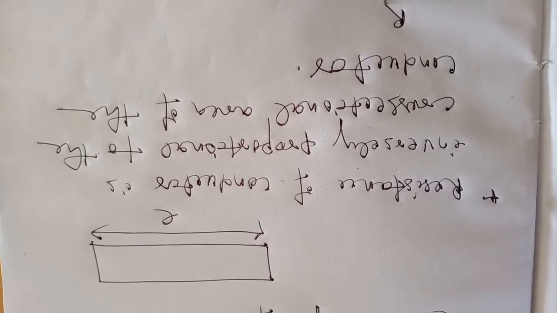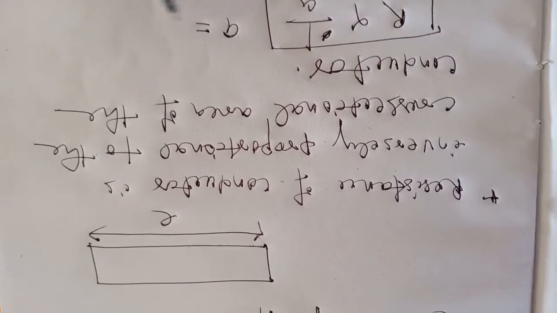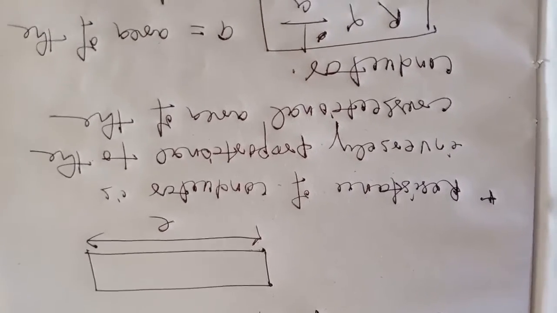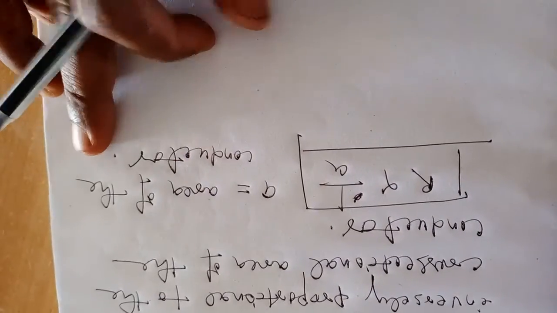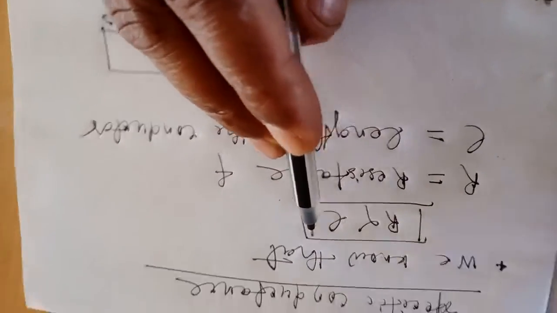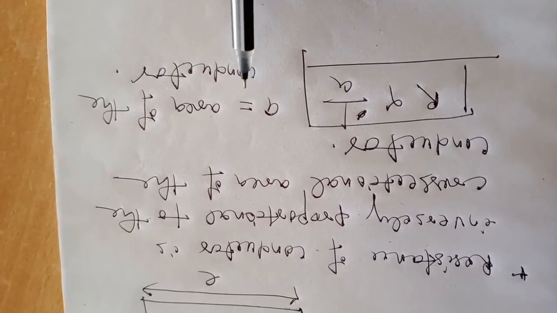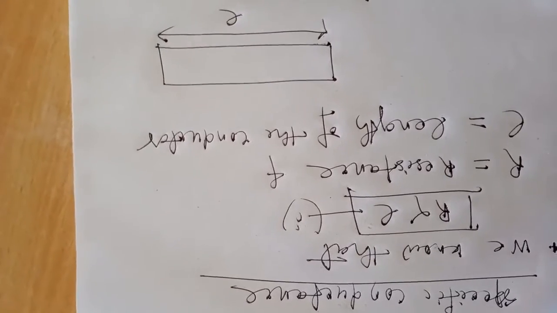That means R is proportional to 1 by A, where A is the area of the conductor. So one thing we learn is R is proportional to the length of the conductor, and second, R is inversely proportional to the area of the conductor. Suppose this one is equation 1 and this is equation 2.